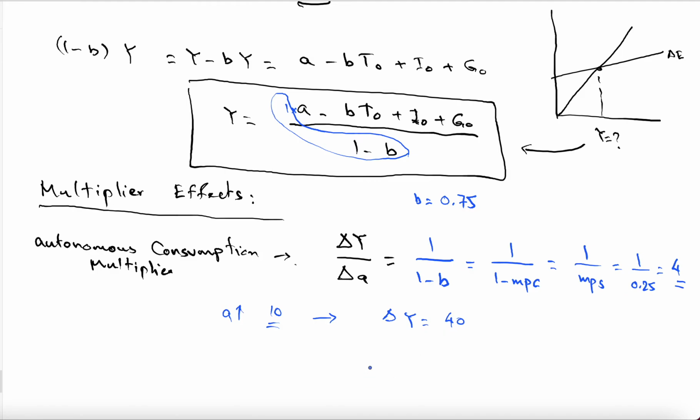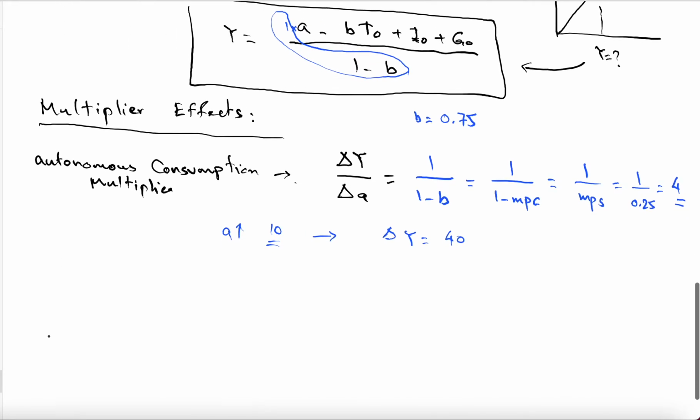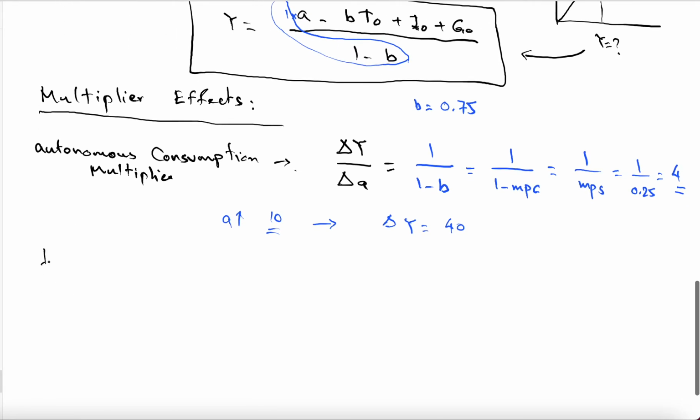That's the meaning of that. Next would be, again, the private sector, investment multiplier, or autonomous investment multiplier.